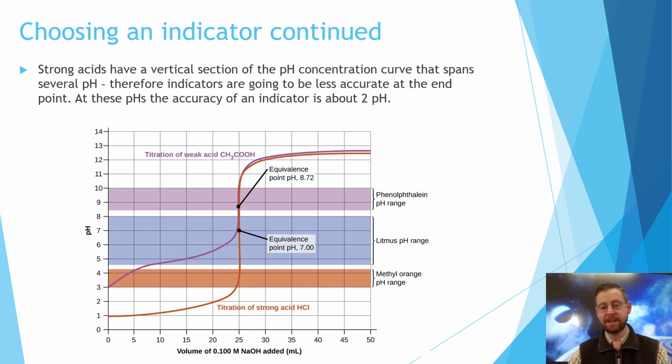So that would be a really good indicator for this. But the weak acid, this ethanoic acid at the top here, CH3COOH, has an equivalence point higher up on the pH scale at about 8.72. So litmus would be a poor choice. We wouldn't catch the equivalence point, but phenolphthalein would.